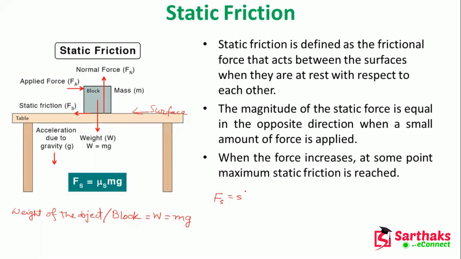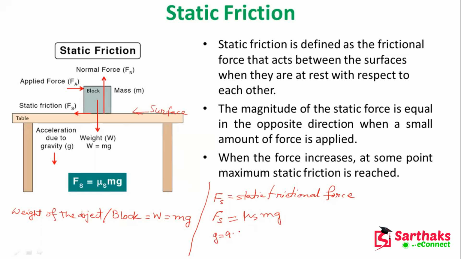Now the static frictional force, that is Fs. This static frictional force equals mu s into mg, where mu s is the coefficient of static friction, m is the mass, and g is the acceleration due to gravity.